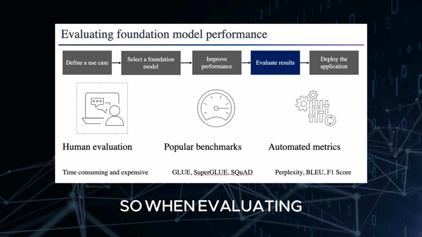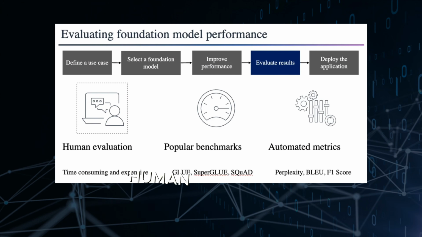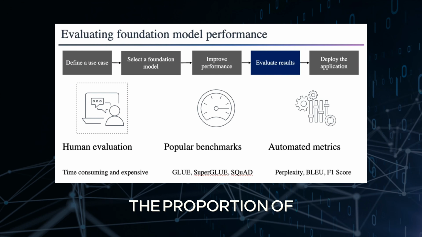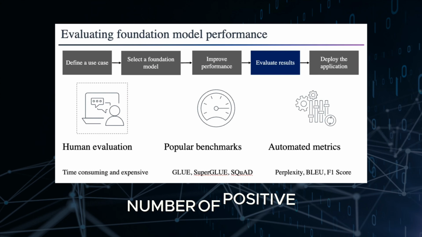So when evaluating foundation model performance, we can use human evaluation, which is time-consuming and expensive. We can use popular benchmarks like GLUE, SuperGLUE, or SQuAD, or we could use automated metrics like Perplexity, BLEU, or F1 scores. And so some of the model evaluation metrics include model accuracy, the proportion of correct predictions made by the model; precision, the ratio of true positive predictions to the total number of positive predictions.